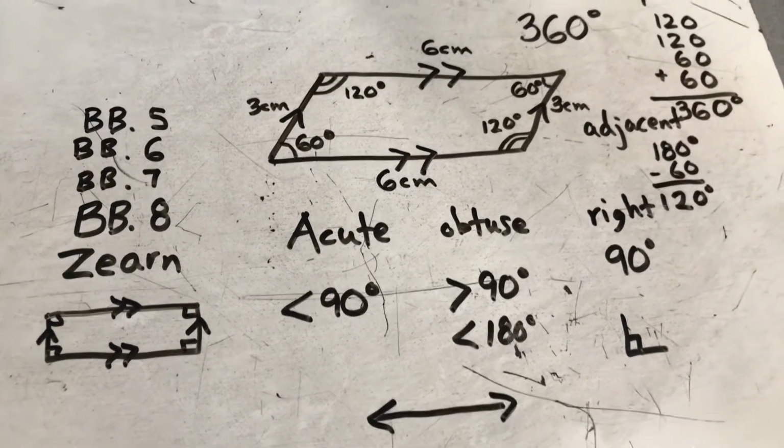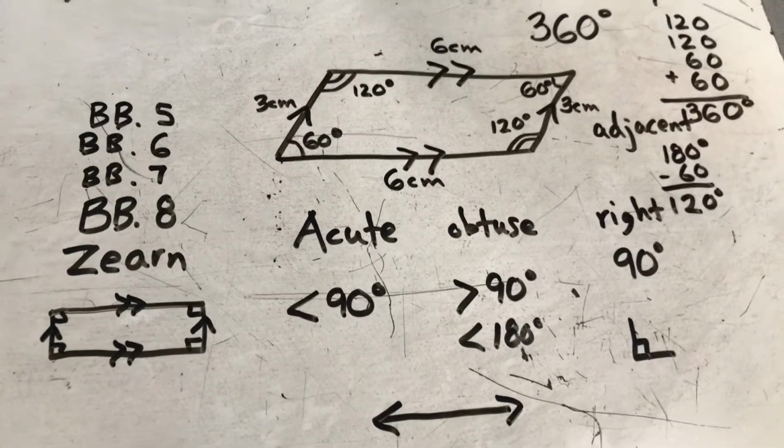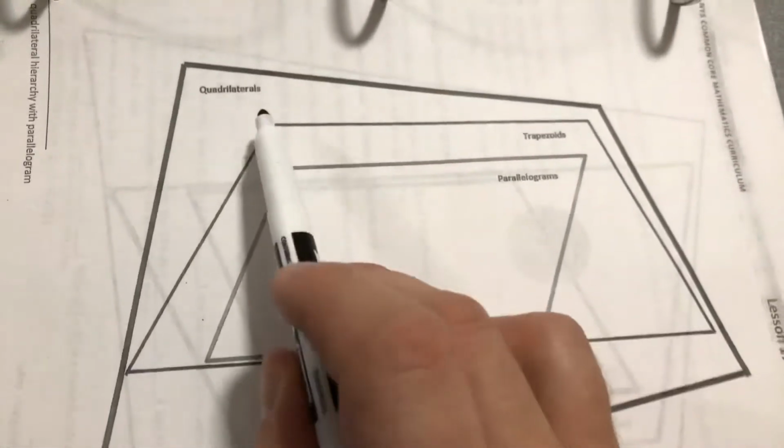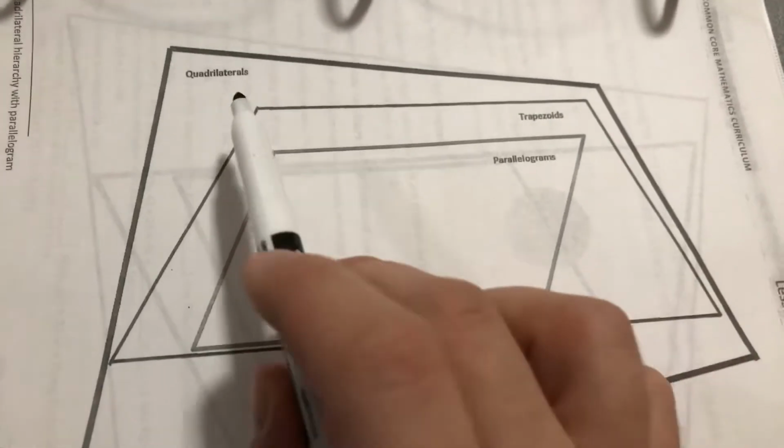All trapezoids are quadrilaterals. Some trapezoids are parallelograms, but not all trapezoids are going to be a parallelogram. And it's important to know that you can have quadrilaterals that aren't trapezoids or parallelograms, but you certainly, of course, can have a quadrilateral, a four-sided figure that is a trapezoid and a parallelogram. So that's important to know.